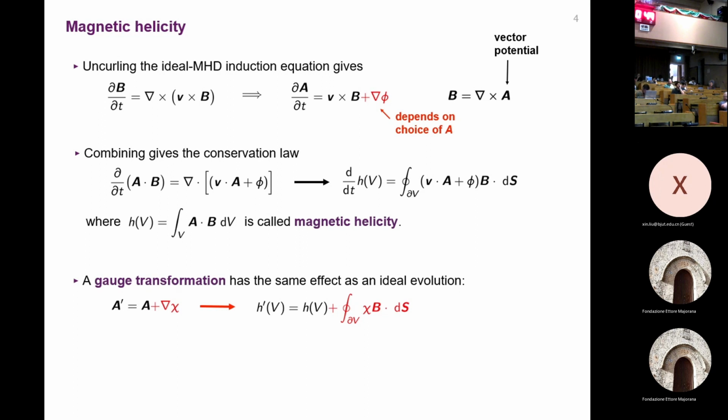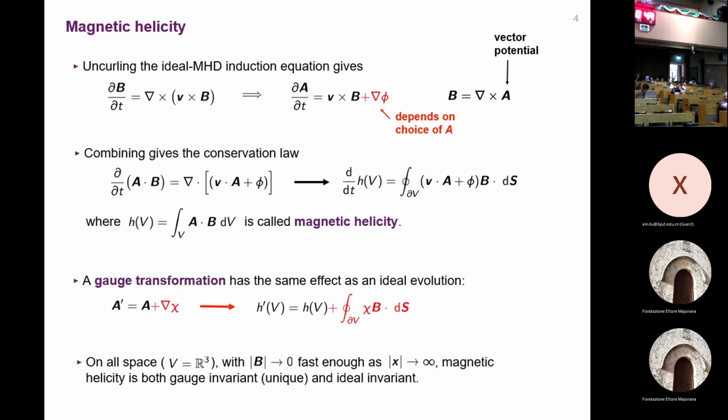And so the effect of a gauge transformation is just the same thing as doing an ideal evolution in some sense. So that's important. You can get rid of this extra term if you don't have a boundary.